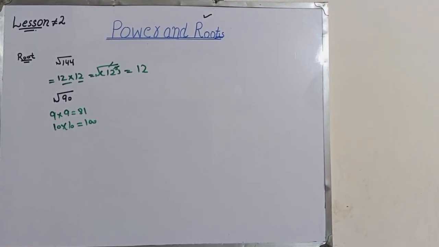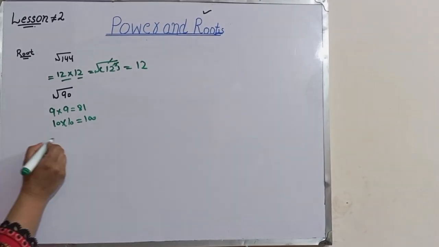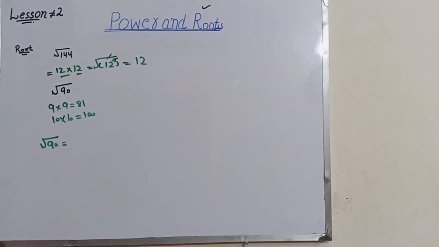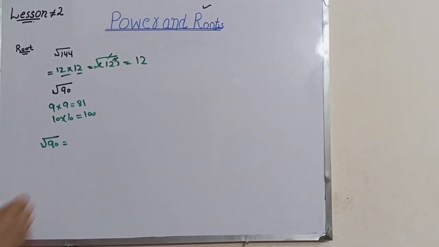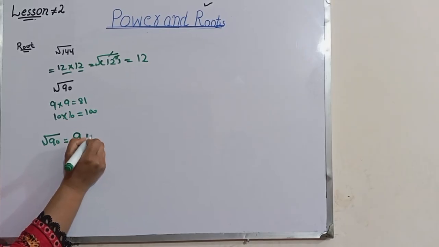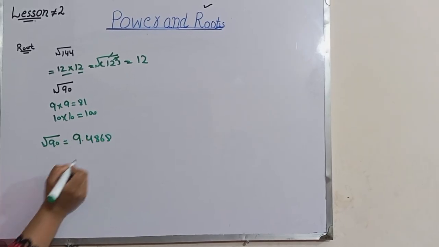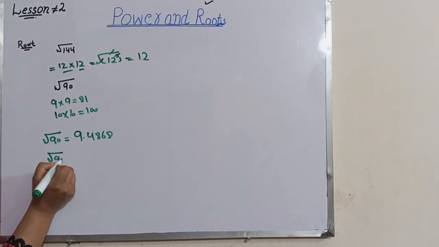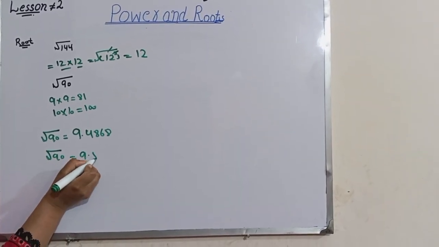Now we use the calculator: the square root of 90. Our answer will be 9.4868. And if we round this value to the nearest tenth, we get 9.5.